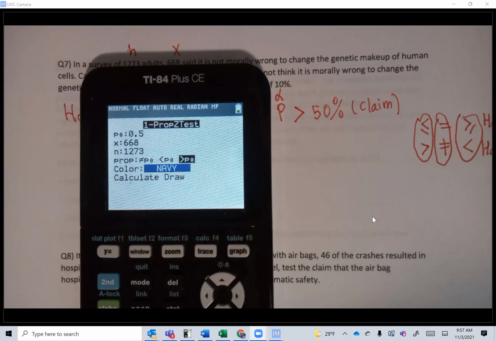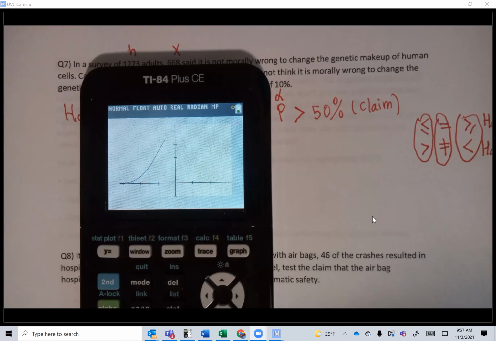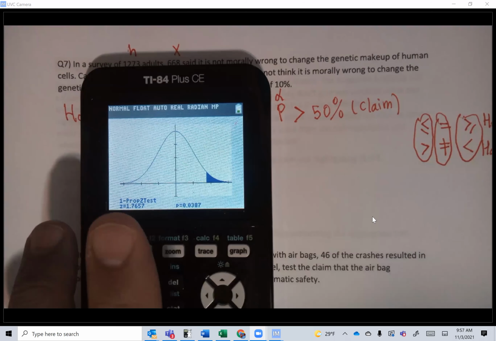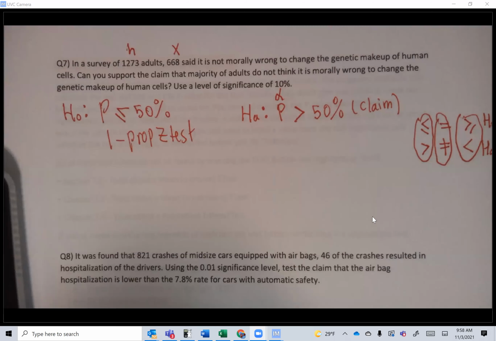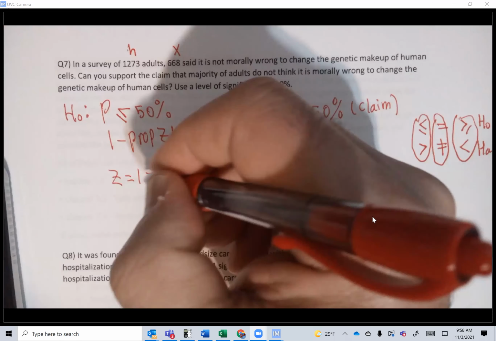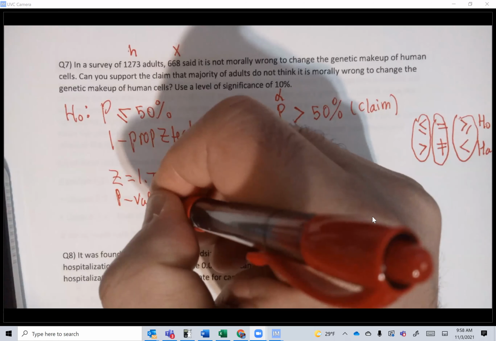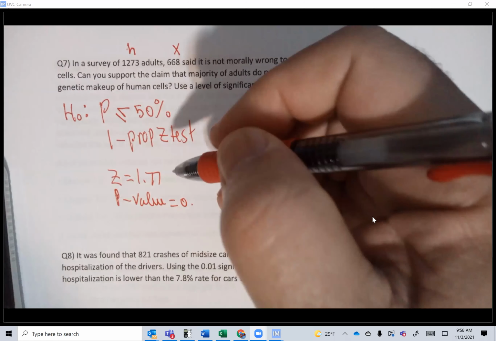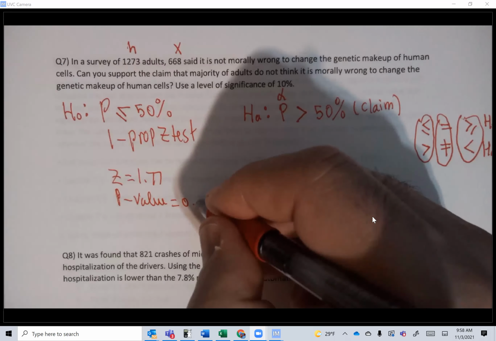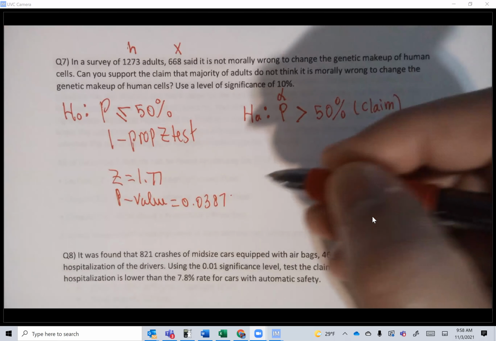This is a right tail test, so the p-value is going to be on the right. There you go. So Z is 1.77 and the p-value is 0.0387. Let me show you again. 0.0387, which is less than 10%.